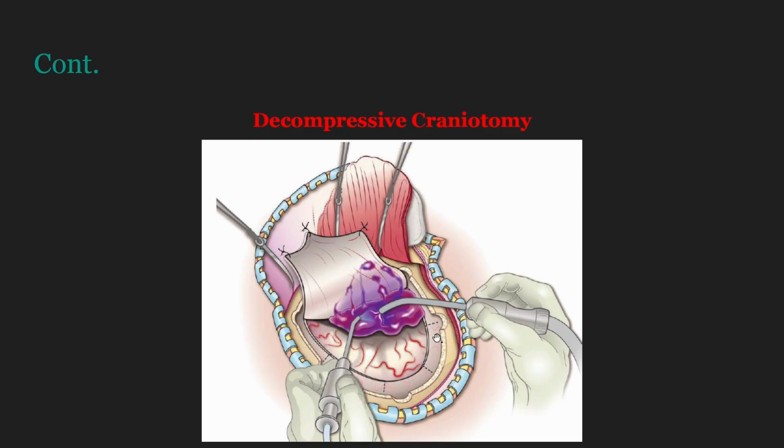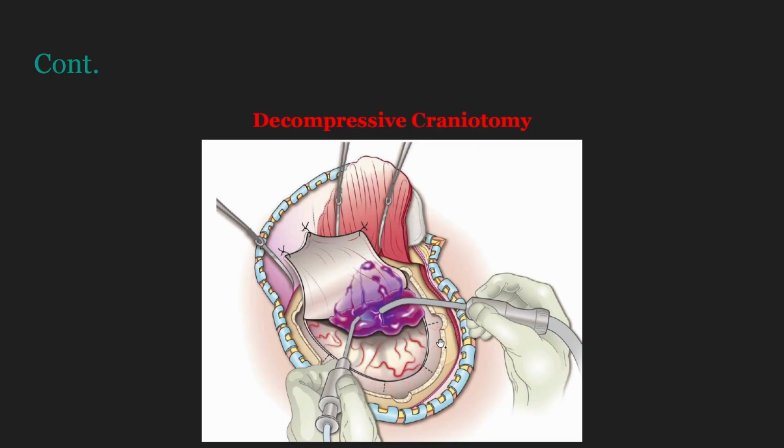Okay, and in these types of operation, after removal of the bone, you may find that the brain itself may need more decompression. So in some cases we may put the bone flap itself in the abdomen of the patient, or in a bank, to relieve the pressure on the brain, to let this area breathe.